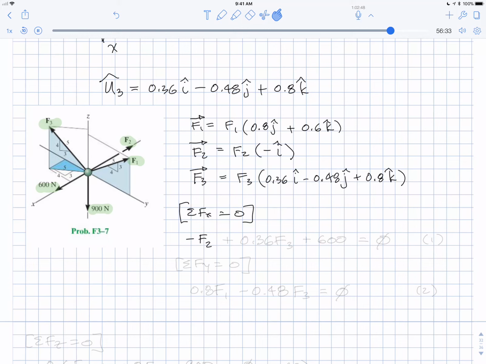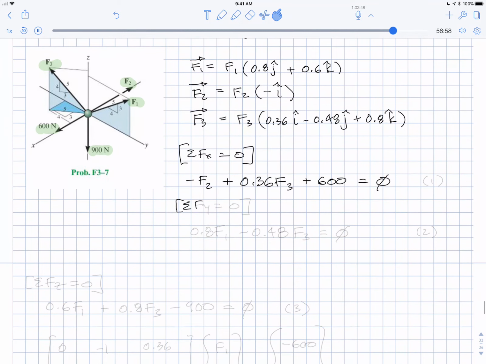F3 has 0.36 times F3 in the positive i direction, so I'm just going to write 0.36 F3. And looking at the picture, that 600 newtons is in the x direction. I'm going to write plus 600 for that. And that 900 newtons is in the z direction, no x component. So that all adds up to 0.